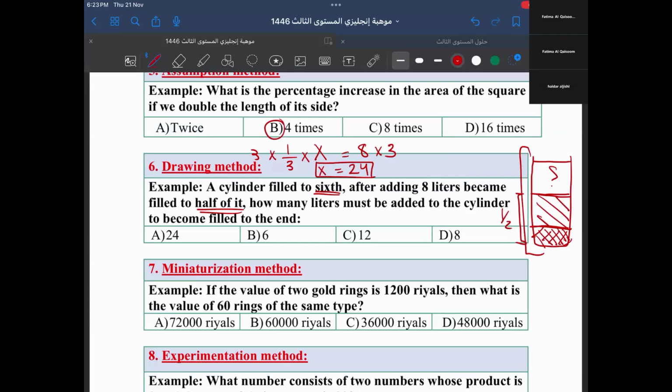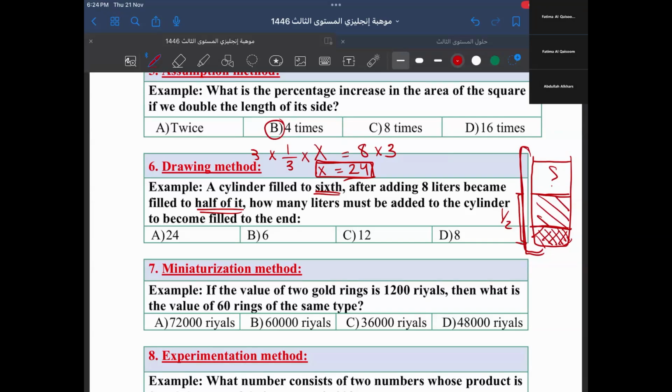So now we found the whole of the cylinder, right? Is that what the question was asking? No, I wanted the amount after we filled up half of it, so we divide it by 2 because it's already filled up to half.